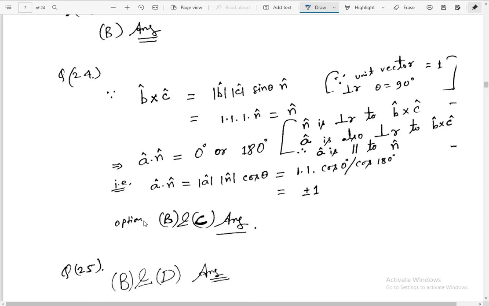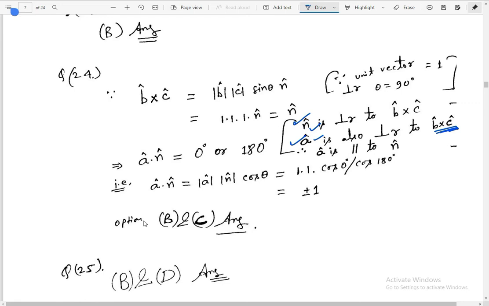Since these are unit vectors, the magnitude is 1 and theta is 90 degrees. Both n and A are perpendicular to B cross C, so A must be parallel to n.